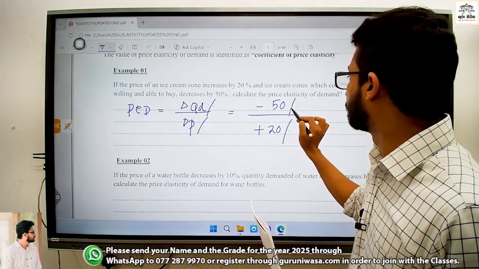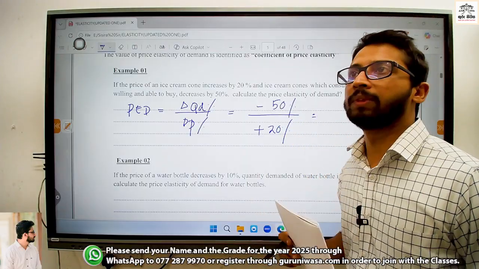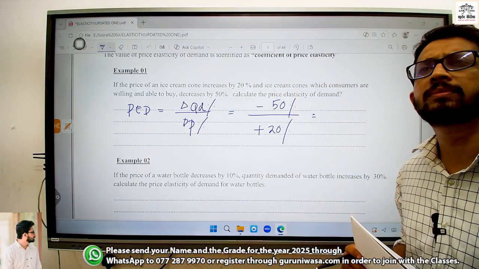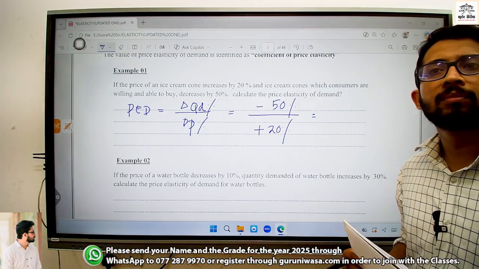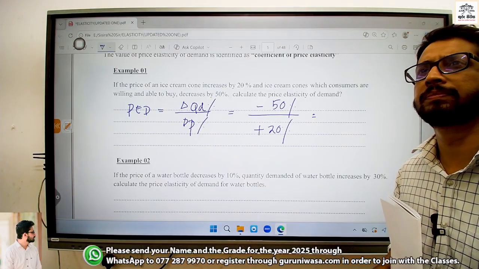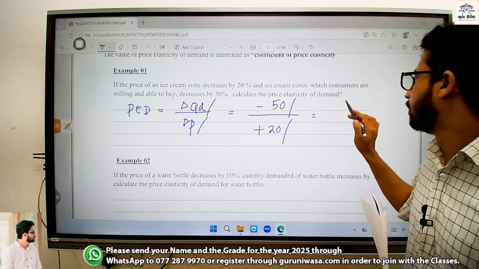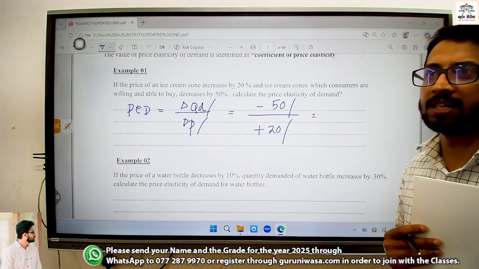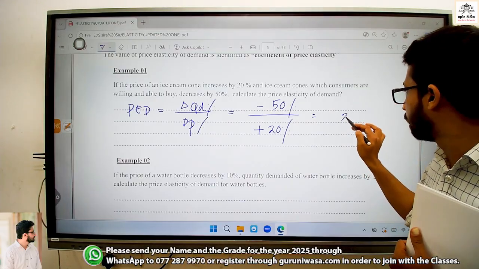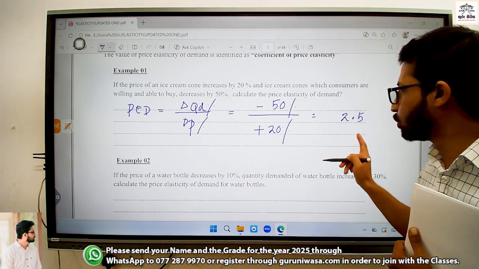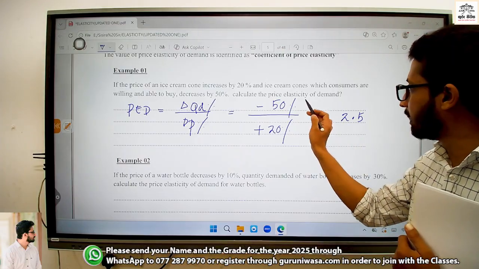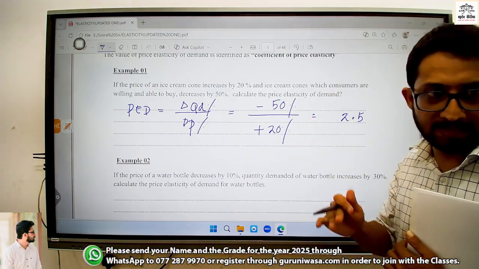How much value, Lama? 50% divided by 20% is 2.5. Look at the board. Remember, here the percentages cancel out.